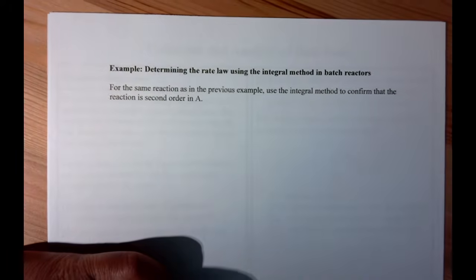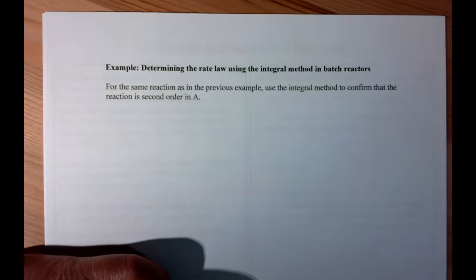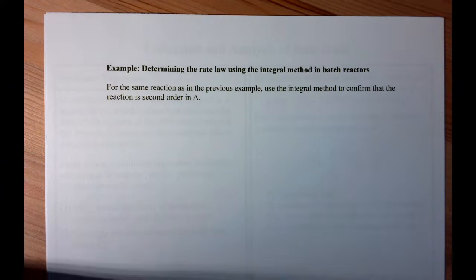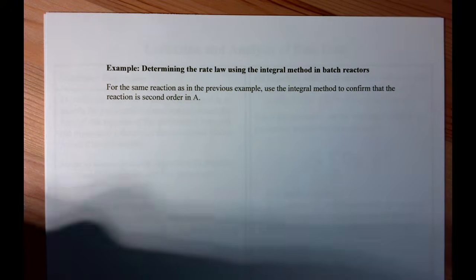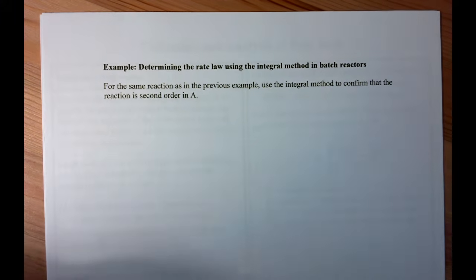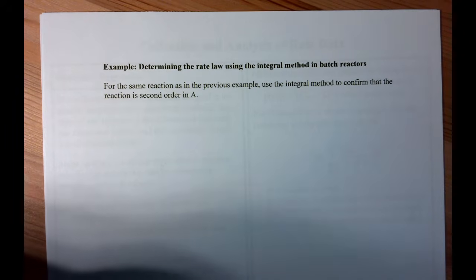So here we're going to be applying the integral method. It says, for the same reaction as in the previous example, use the integral method to confirm that the reaction is second order in A. We already know that it's second order because we found it earlier, but now we want to confirm it using the integral method.